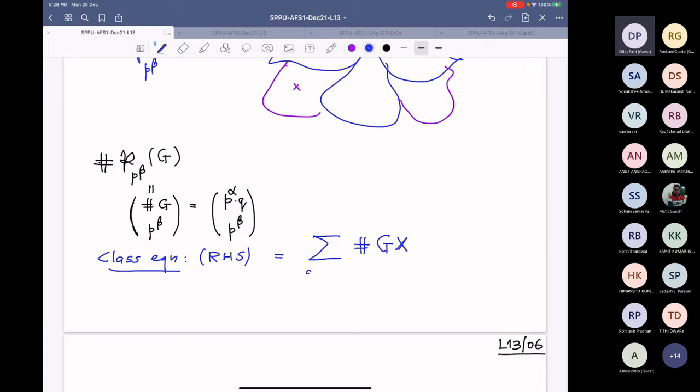This sum is running over all orbits, and of course, when I say all, that means distinct orbits. Now this sum I am going to split in two parts.